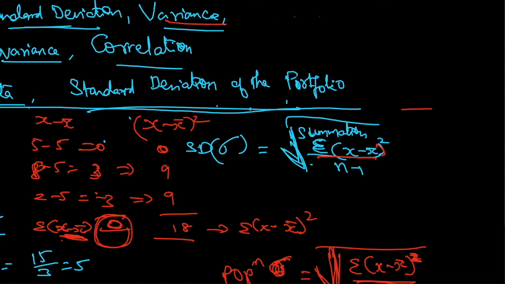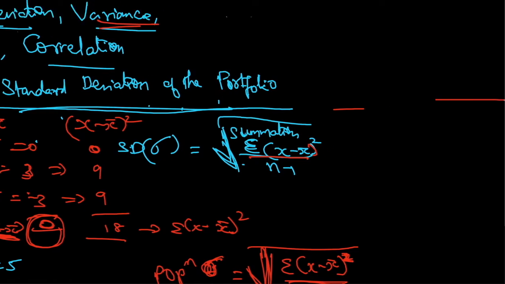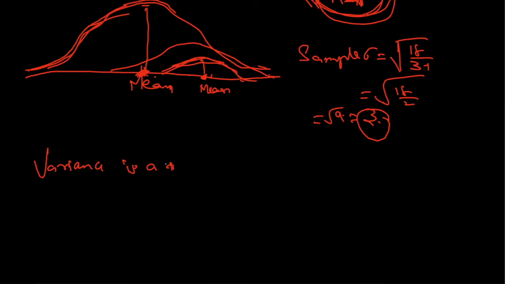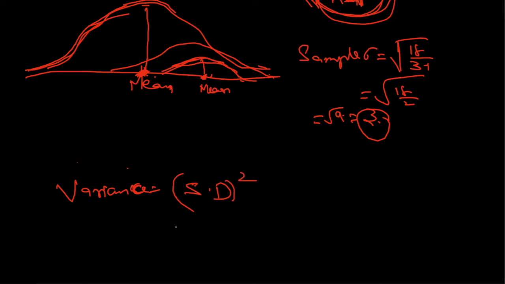The next one is variance. Variance will tell me how far a set of numbers is spread out from their average value. So variance is a measure of dispersion. The formula for variance is: when I square the standard deviation, I will get variance.